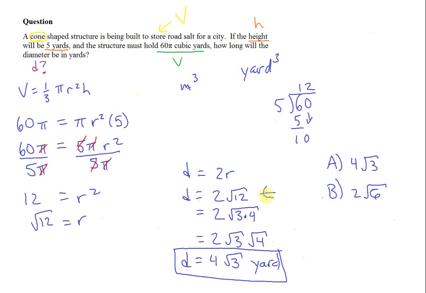One strategy you could use would be to type this into your calculator, get a decimal number, and type each of the choices into your calculator to get a decimal, and then when you have numbers all in decimals, you're able to compare them a little bit more easily. Okay, now it's the end of the question.